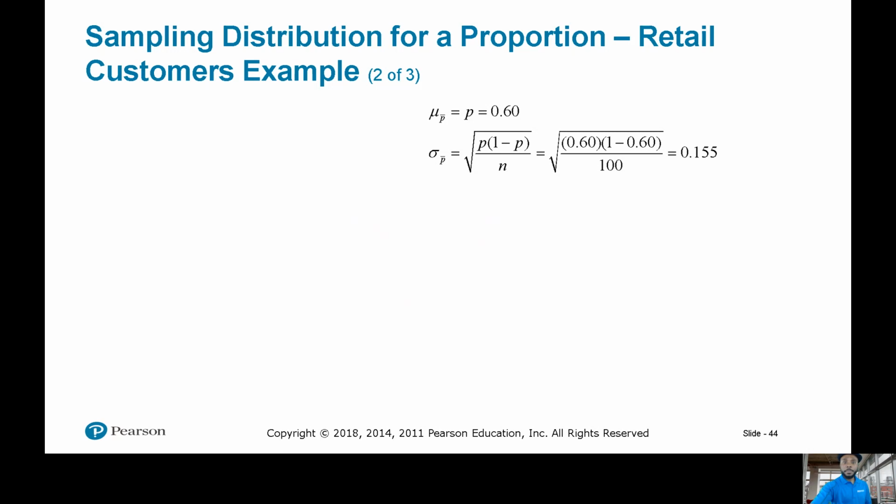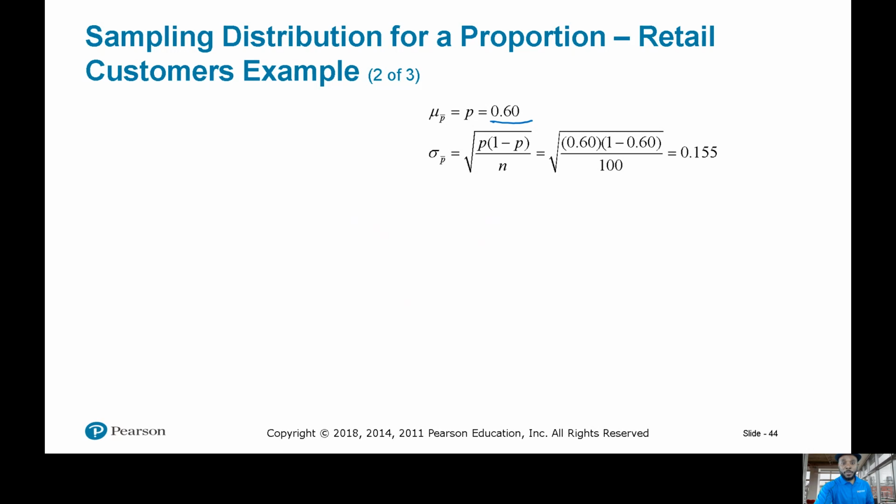We recall that the sampling distribution mean for the sample proportion is equal to the population proportion, which we established from Theorem 1, which is equal to 0.6 as given in the question.